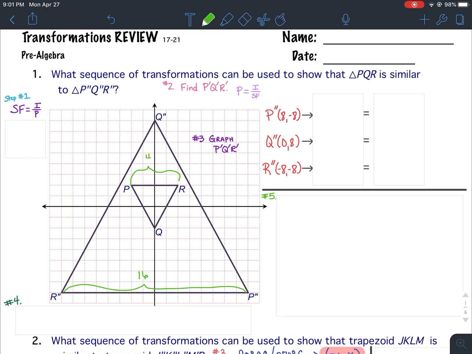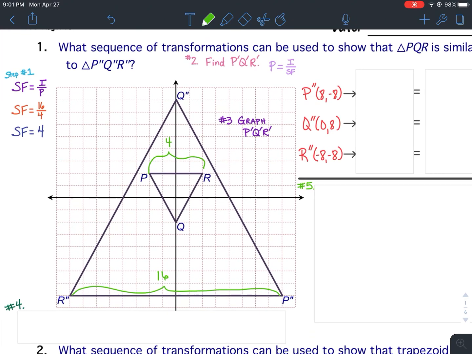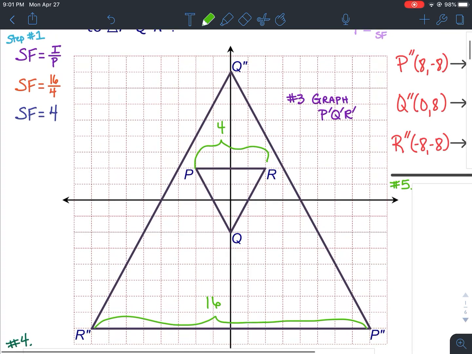That is 4 units. So the scale factor would be 16 divided by 4. And 16 divided by 4 is 4. So my scale factor is 4. Okay, take a moment, get everything written down that I just did. Pause your video and do so now.